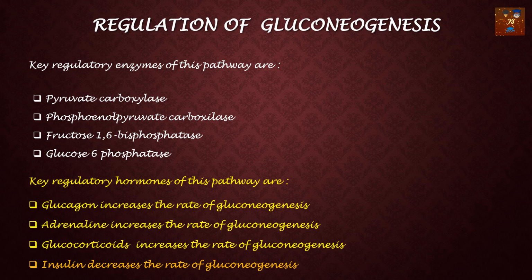So, these two hormones, glucagon and insulin, both come out from the pancreas but have different effects on gluconeogenesis. Glucagon increases the rate of gluconeogenesis, means it helps gluconeogenesis to happen, whereas insulin decreases the rate, means it obstructs gluconeogenesis from happening.